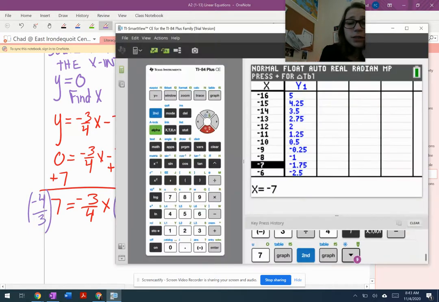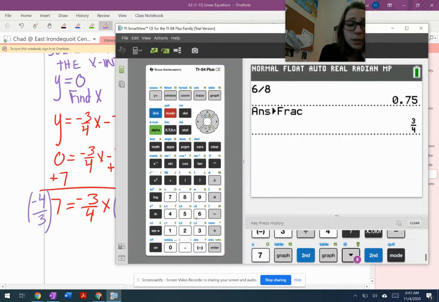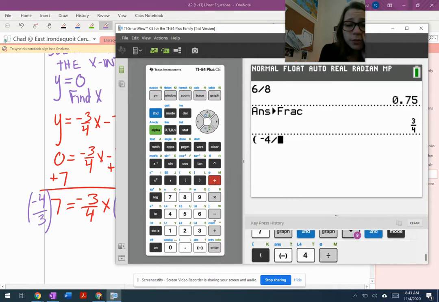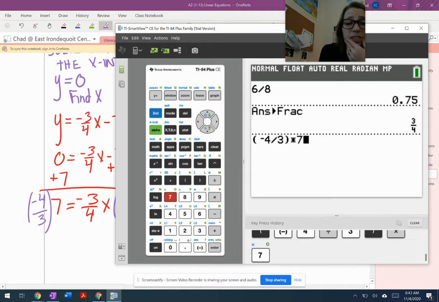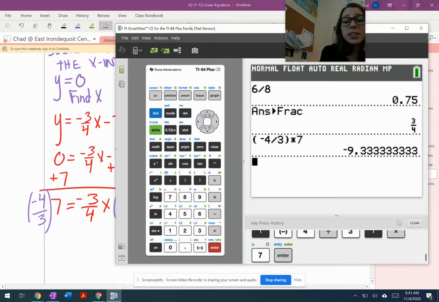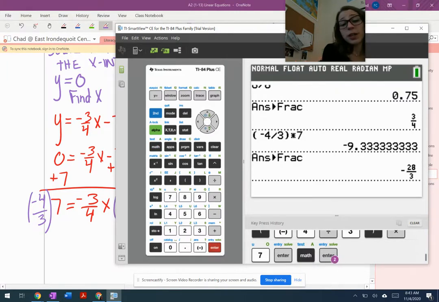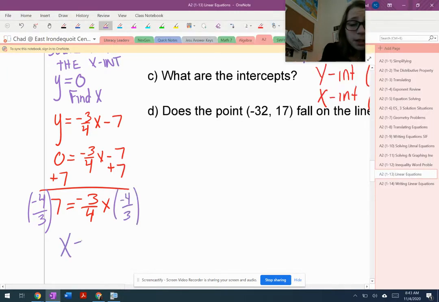And then remember, getting rid of that fraction next to my variable, I'm just multiplying by the reciprocal, -4/3, and this is where I can jump to my calculator. Parentheses, -4 divided by 3 times 7 is equal to ugly repeating decimals, so I want to keep that as a fraction, -28/3. So x is equal to -28/3.